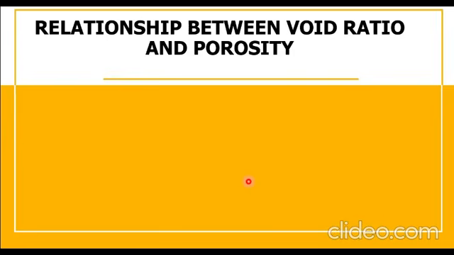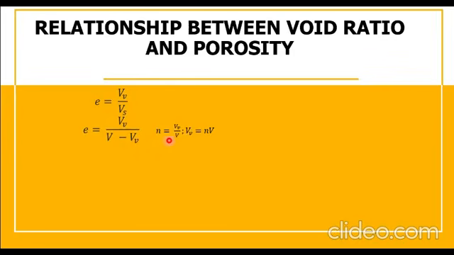Next is the relationship between void ratio and porosity. We know that void ratio is equal to Vv over Vs. If we're going to write Vs here, it's also equal to the total volume of soil minus the volume of voids.